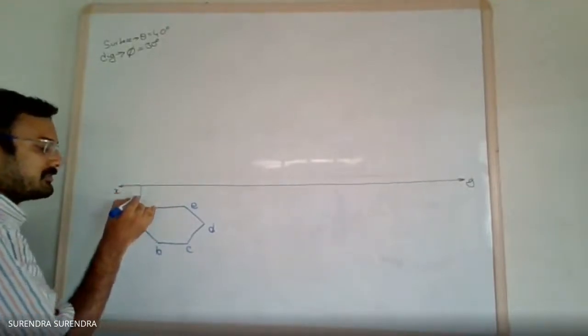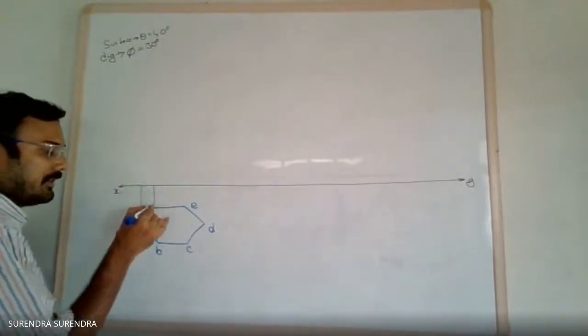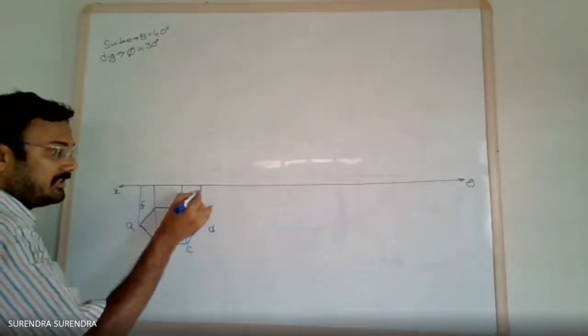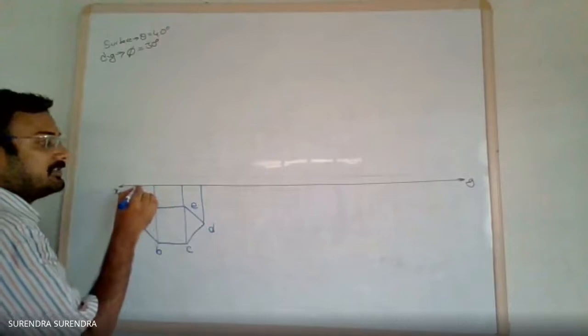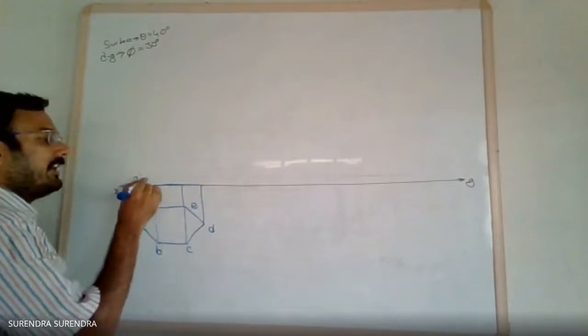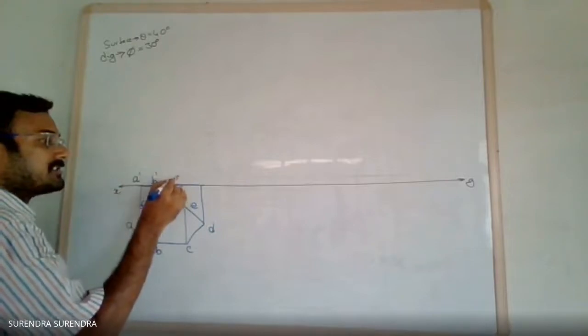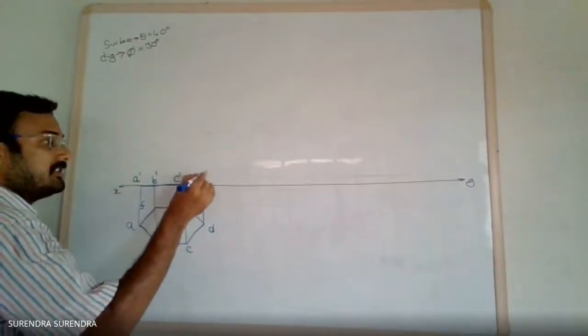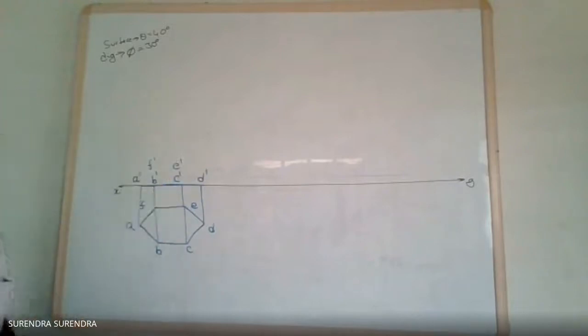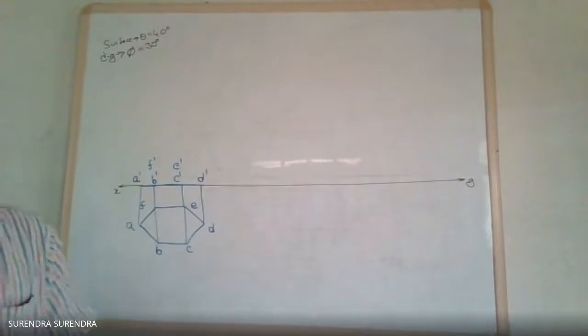So draw the projections from A, B and F, C and E, D. Name these points as A dash, B dash, C dash, D dash, E dash, and F dash.